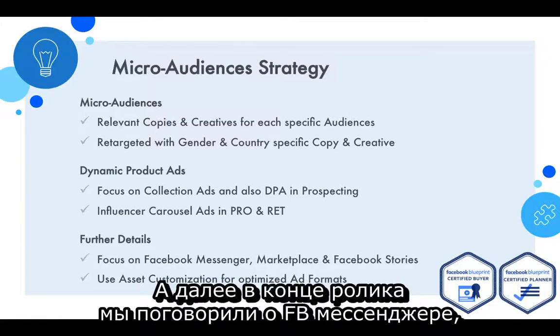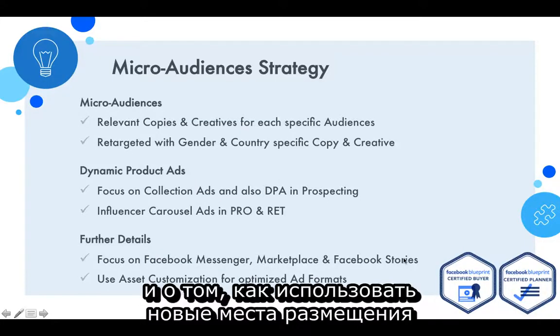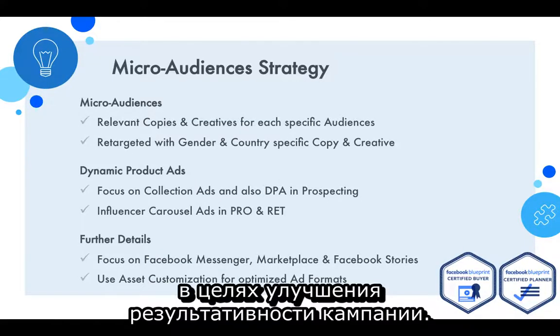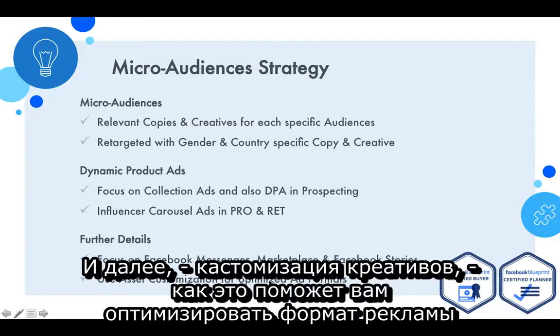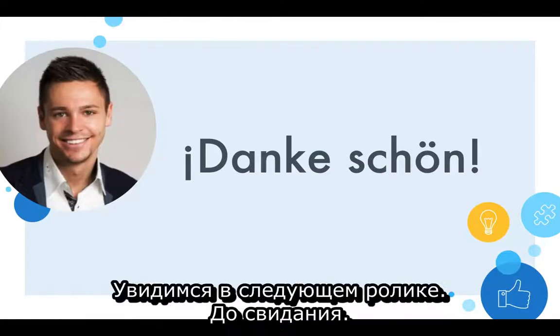And then at the end of the video, we've talked a lot about Facebook Messenger, Marketplace, and Facebook Stories, and how you can use those new placements in order to improve your campaign performance. And then the asset customization, how it helps you to really get the optimized ad format for each placement.